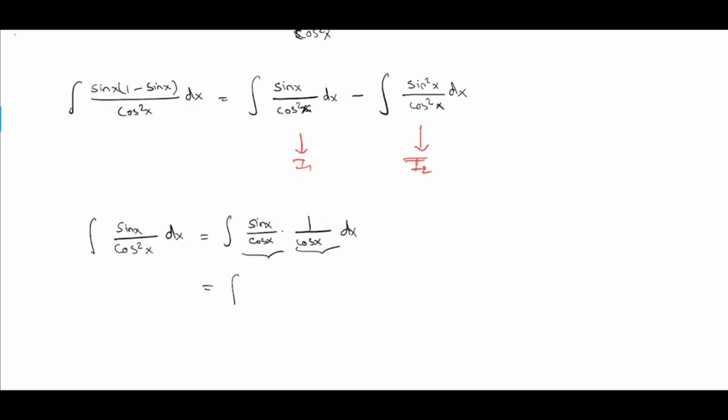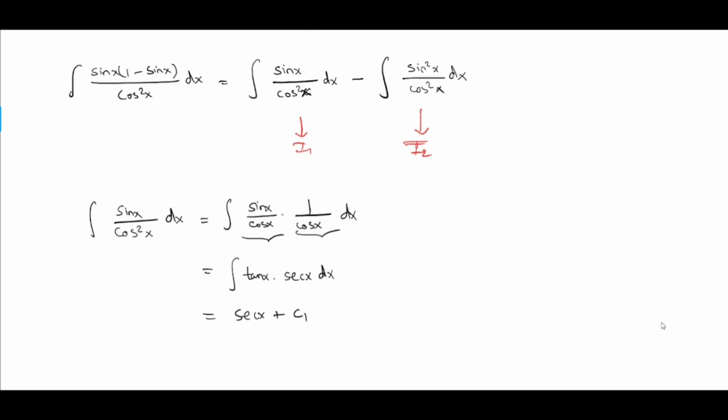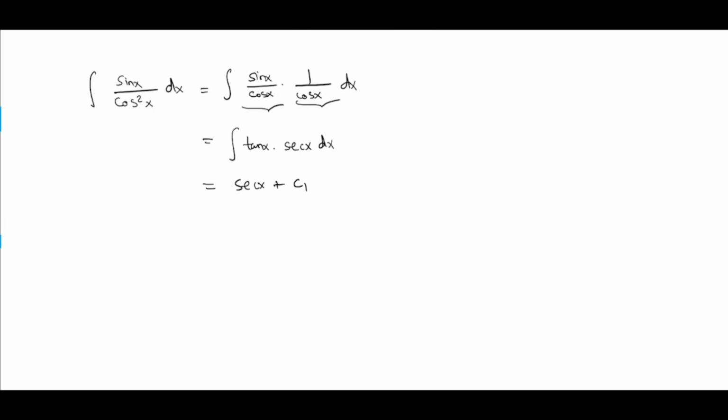Not important, it's just a basic idea. And the integration of this is secant x plus c1, let's say some constant c1. That is our I1 part. I1 is equal to this.